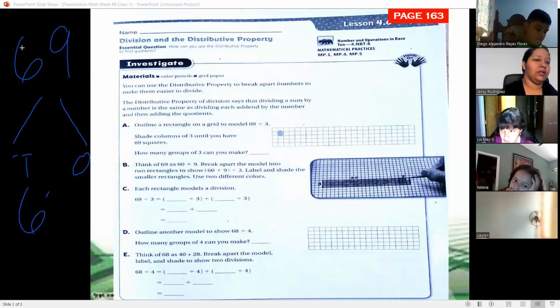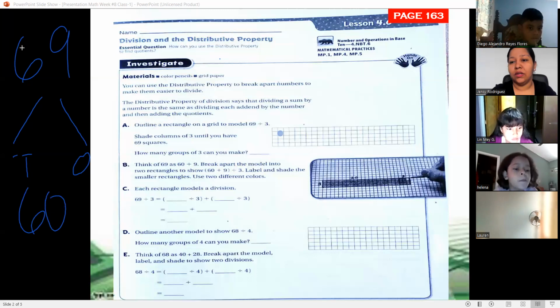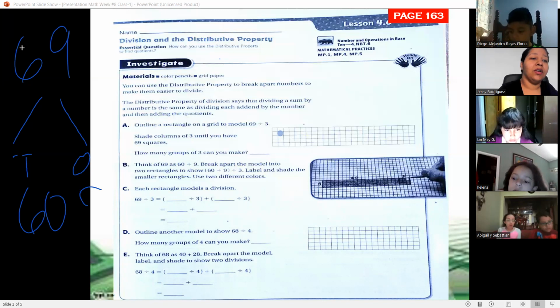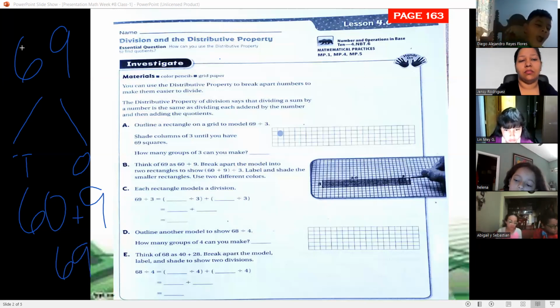Yes, 60. And what is the one that is representing ones? The 9, because I am breaking apart 69. Okay, so 60 plus 9 is going to be 69. So that is what I was asking you.